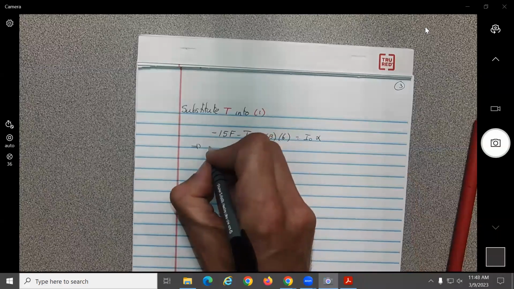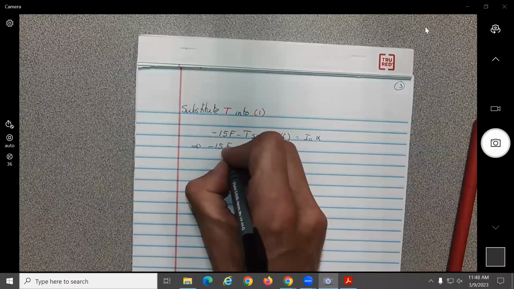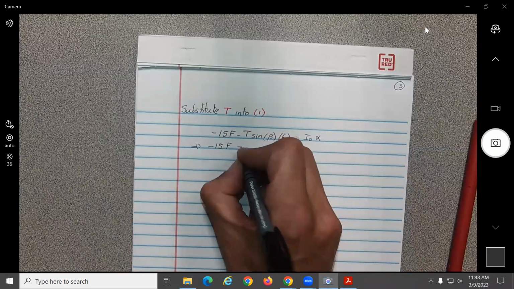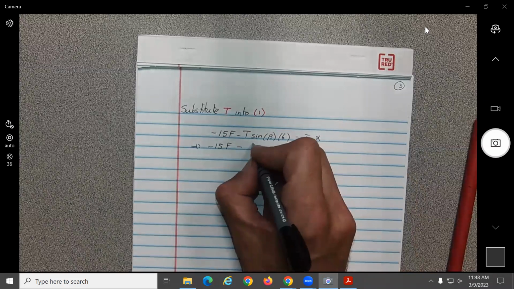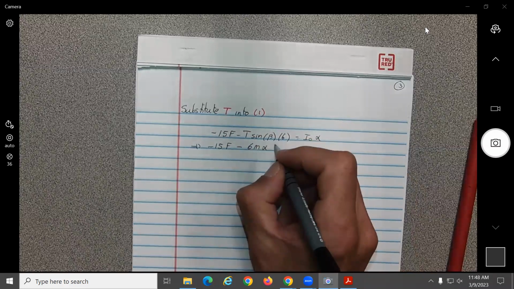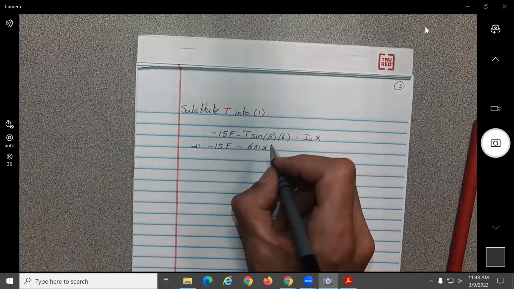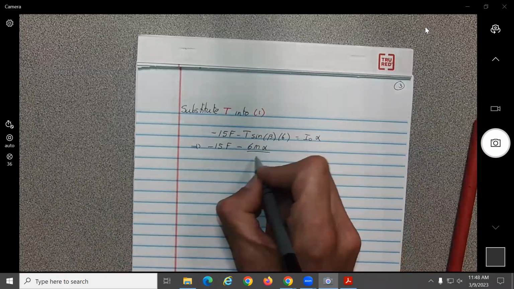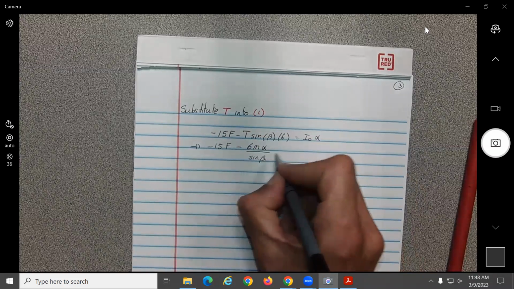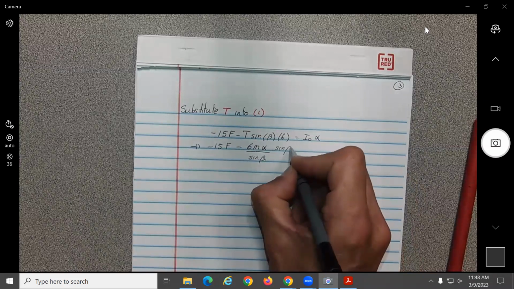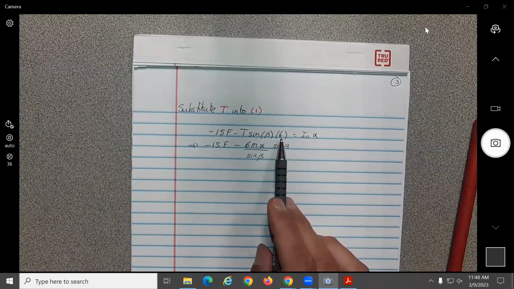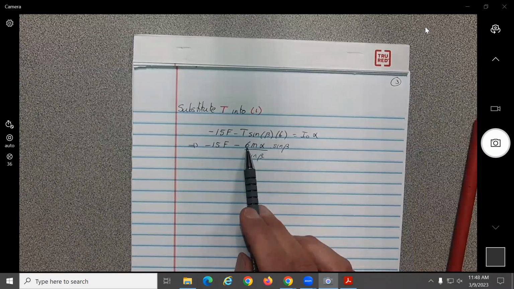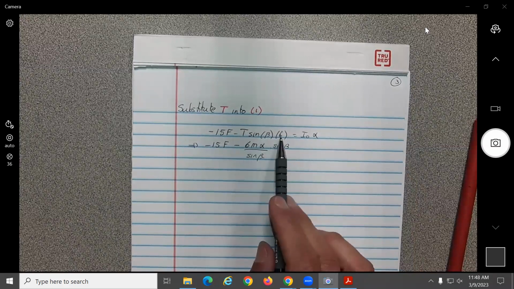This is going to give us minus 15F minus, what is T? 6 M alpha over sin beta, times sin beta, times 6. 6 times 6?